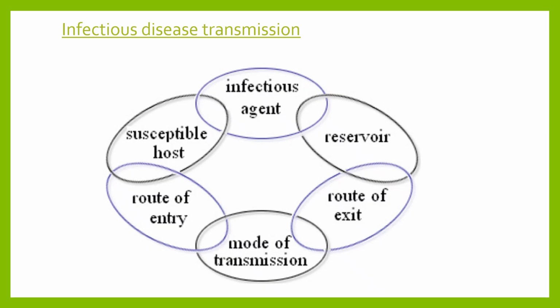Mode of transmission is how that germ travels to a new person through direct contact, the air, or dirty objects. The portal of entry is how the germ gets into a new body, such as through the mouth, nose, or broken skin. And then you have the susceptible host, a person who is weak or lacks immunity, making it easy for infection.